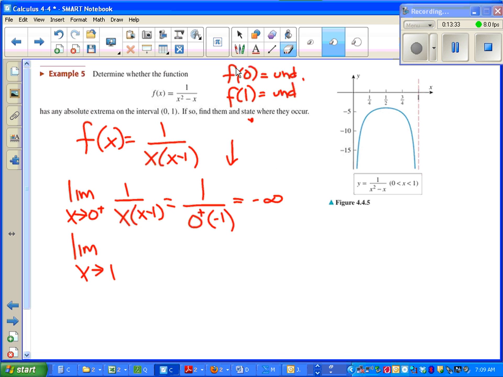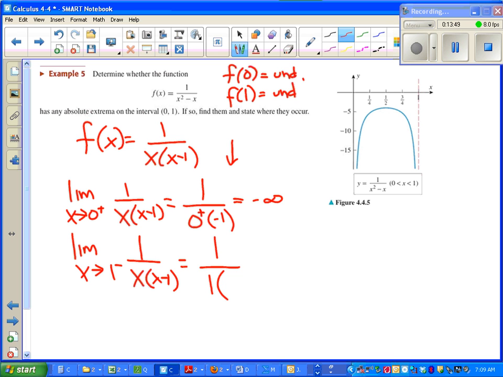I can tell from the picture which one I'm going to get, but we should be thinking about this stuff because, as you know, you will not have a picture in front of you every time. So we want to look at one from the left. Looks like we get 1 over 1 times a tiny negative, which sounds like negative infinity.